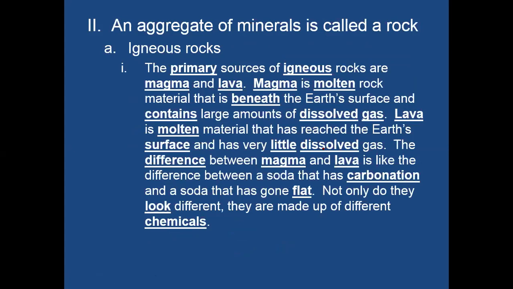So those bubbles escape over time, and there's not very much dissolved gas anymore. Because the magma below the surface has more bubbles than the magma above the surface, or than the lava above the surface, they're going to form two different types of rocks. And so we can look at basically the bubble content or carbonation content of the lava and magma, and we can compare them and know how the rocks were formed and what they were made out of.